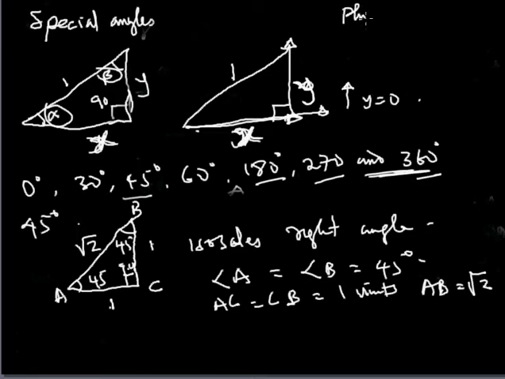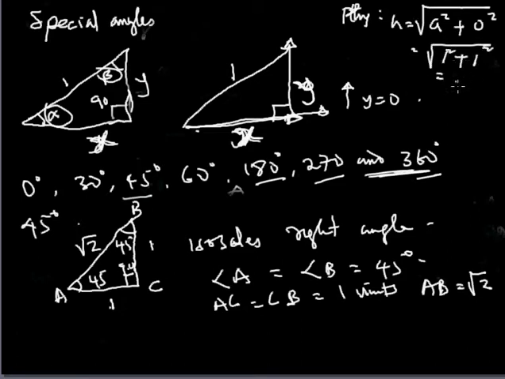Pythagoras rule states that hypotenuse is equal to the square root of adjacent squared plus opposite squared, which is root of 1 plus 1, which is root 2. And that's how we got this value here.